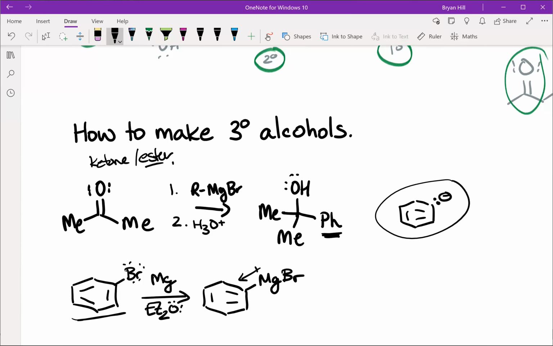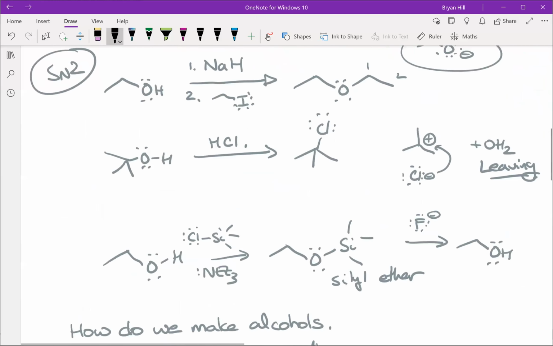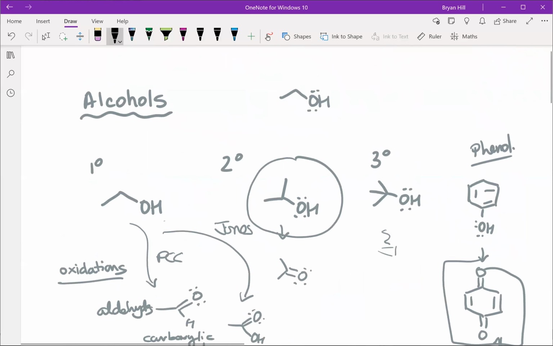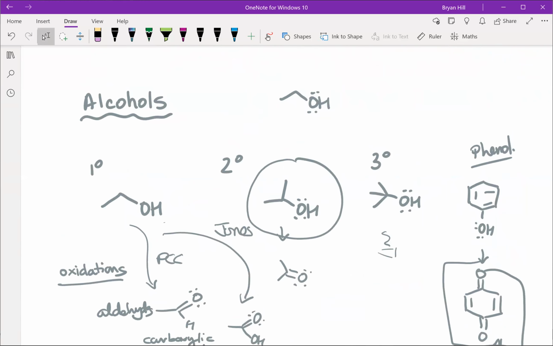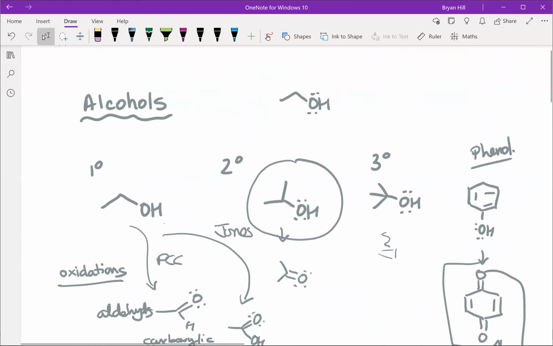Okay, so I think when it comes to alcohols, that is basically a pretty good synopsis of everything we've done with alcohols. And it's interesting because it ties into a couple of other functional groups, right?